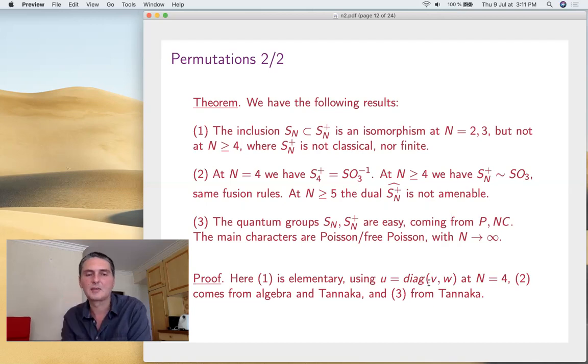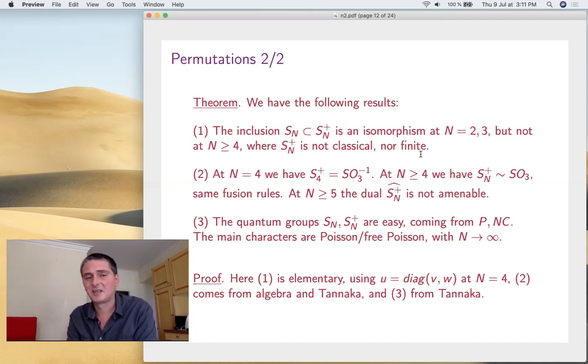And of course, if it's true for S4 plus, then S5, 6, 7, etc. plus are also non-classical nor finite. Now, the problem, once you see this, the item 1, which was in Bang's paper like 20 years ago, you start saying, well, what's S4 plus? And by doing some algebra, it's actually a twist of SO3.